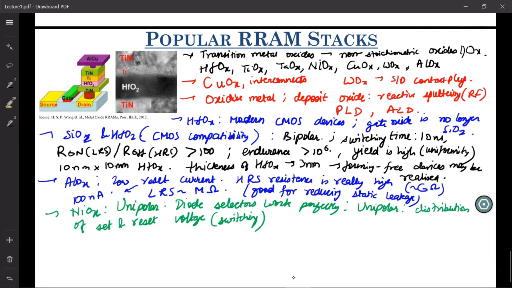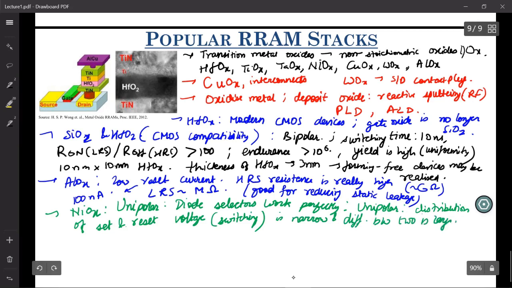You have different devices, and they show different set and reset voltages because of process variations and all those effects. However, for a unipolar device, you want the distribution of set and reset voltage to be narrow, and the difference between the two to be large. So these are two requirements that you want for a unipolar kind of device.